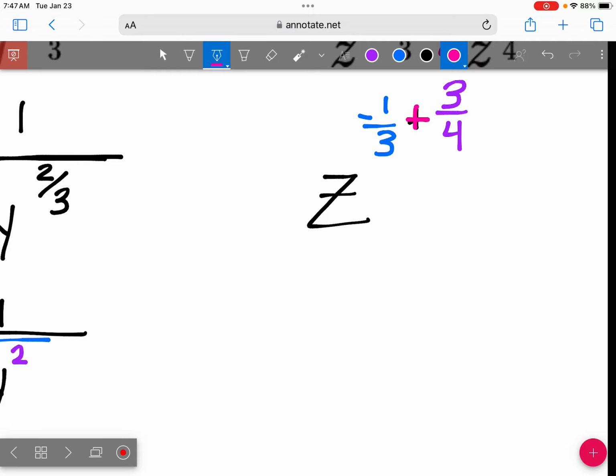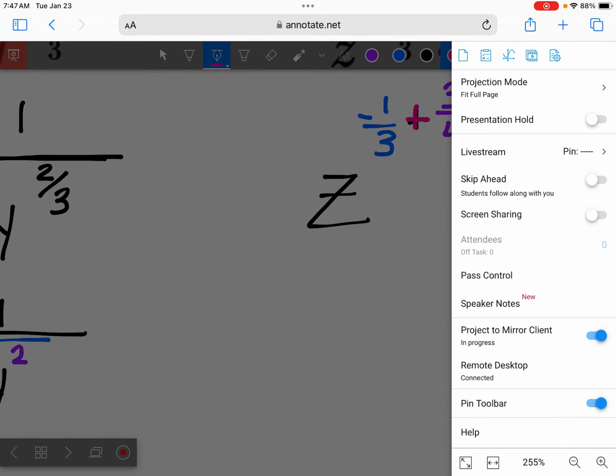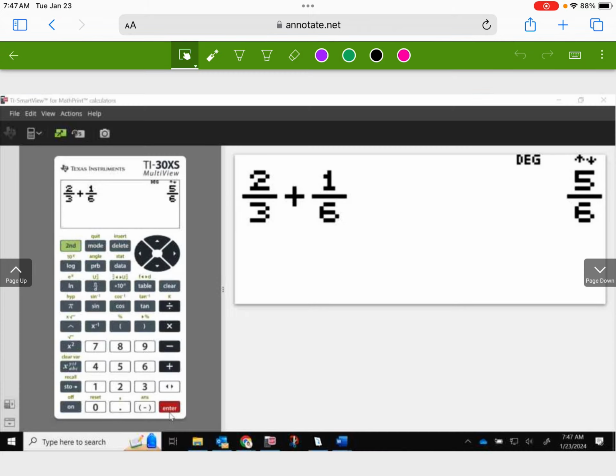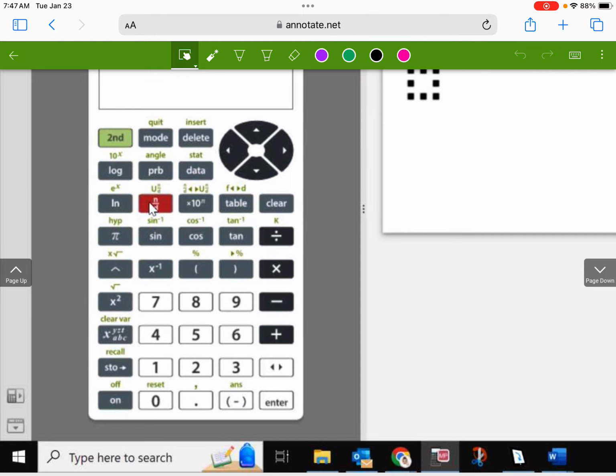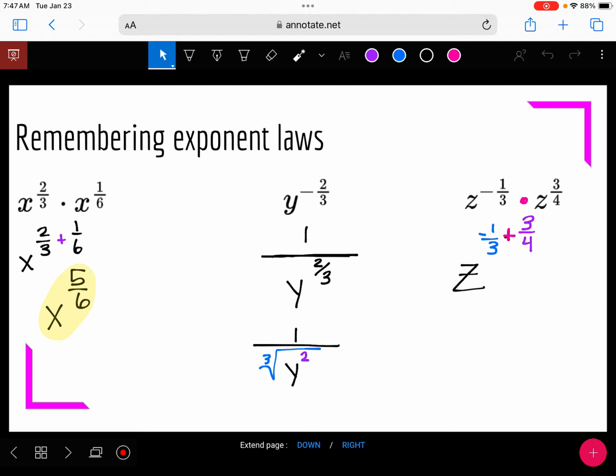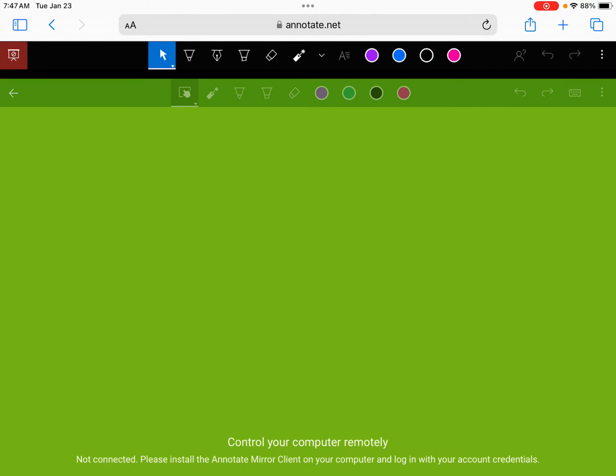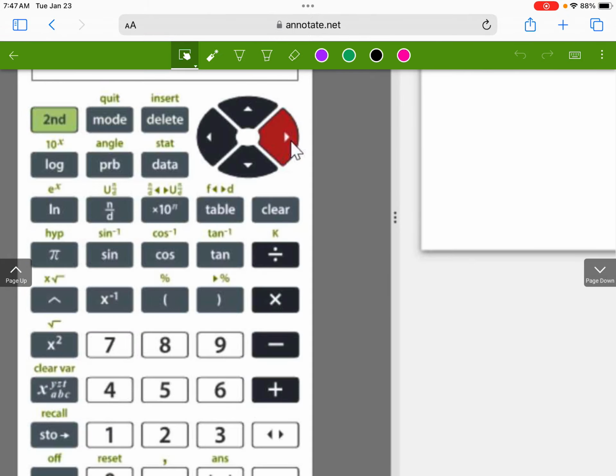And again, I love the yellow calculator so much because we can come over here and not have to do the common denominator part ourselves. We have our -1/3 plus the fraction 3/4.